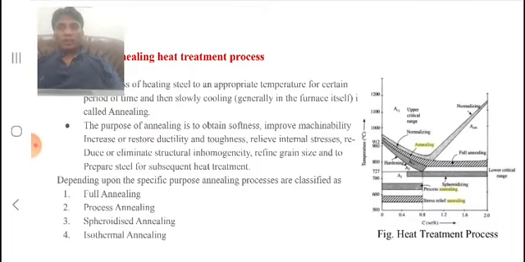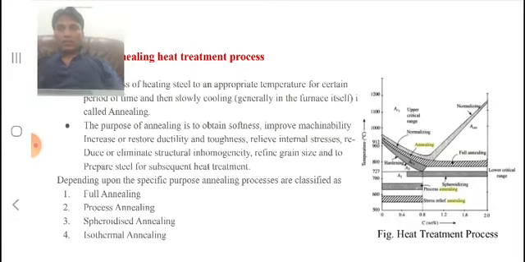This we should keep in mind. And also we should keep in mind the final microstructure that we are going to get when we do the annealing process.